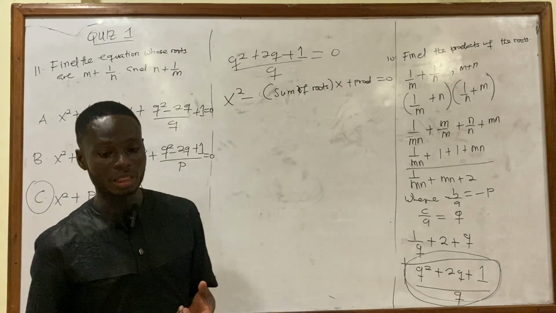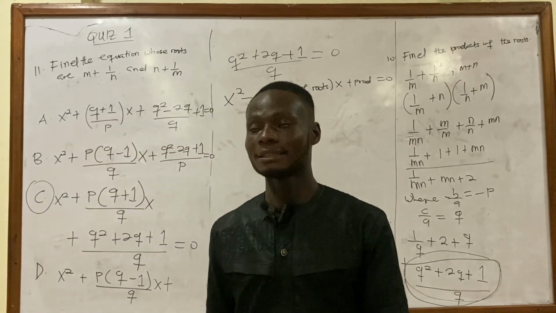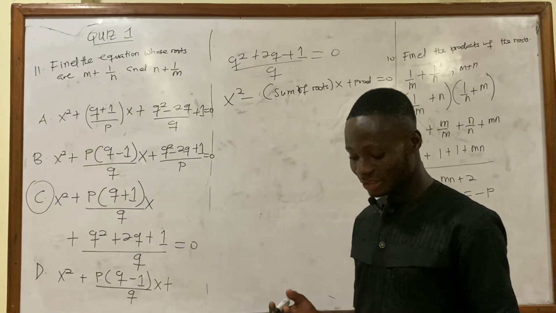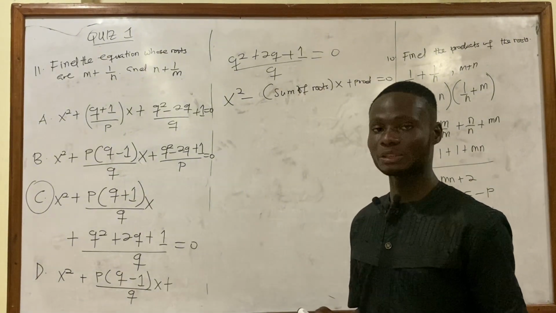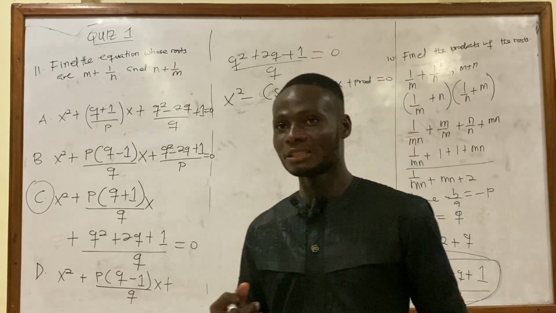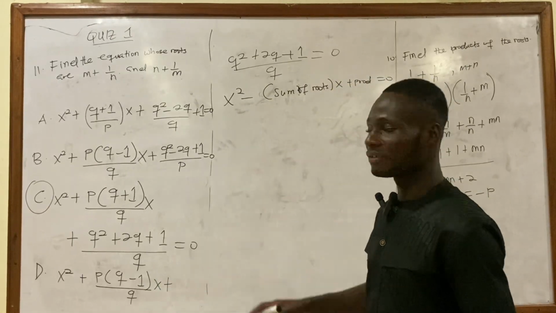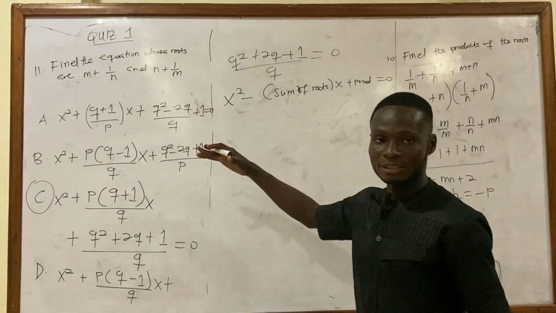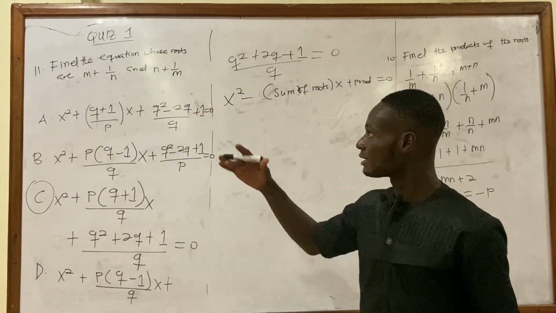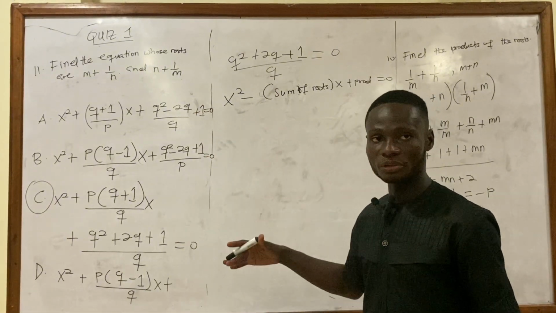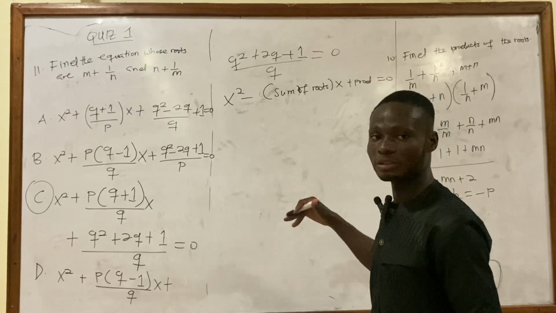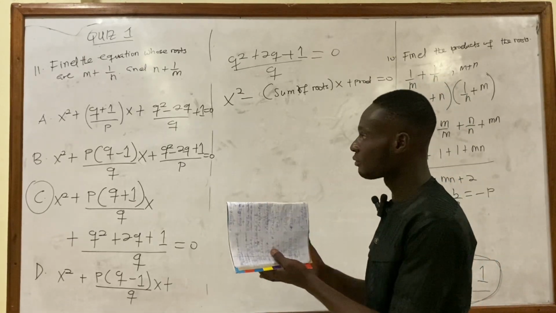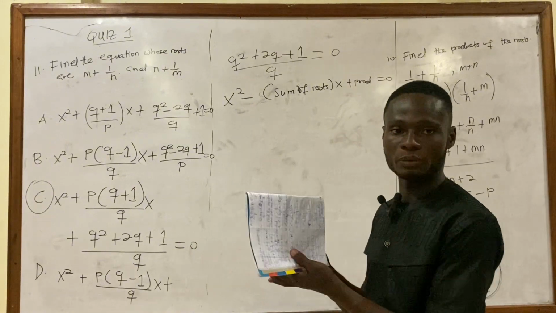You don't need to be struggling to be solving for this and that again. So the question is all about you being smart. You don't have to solve each of the questions before you get the answer. This question was following a format. Question 9 was following question 10 and question 10 was following question 11, and then question 11 itself was combining question 9 and question 10.